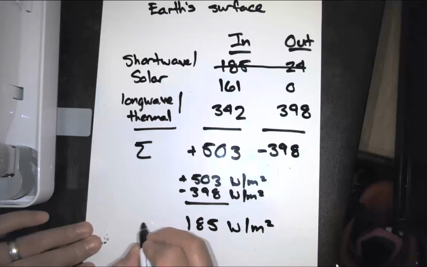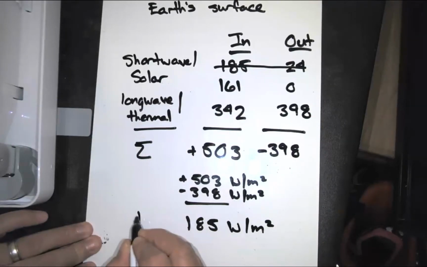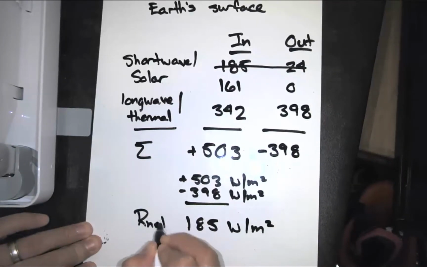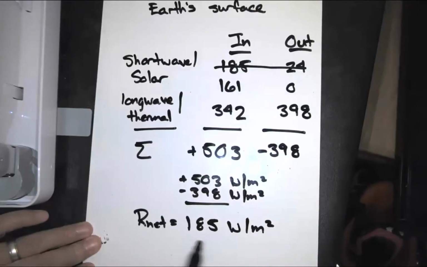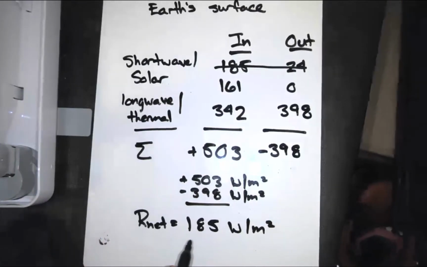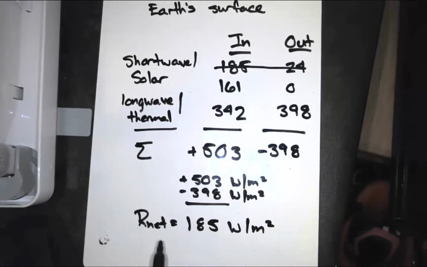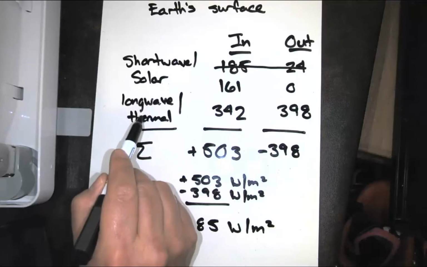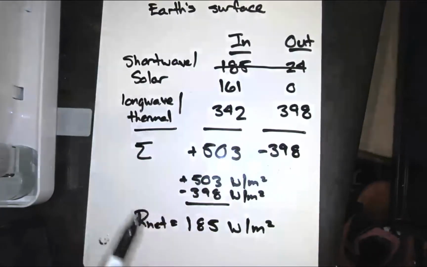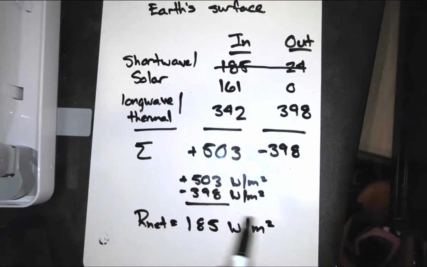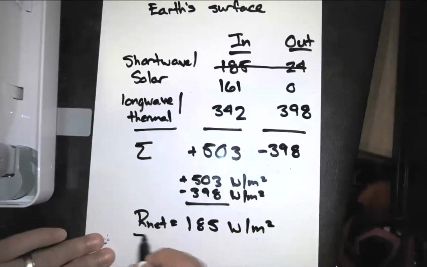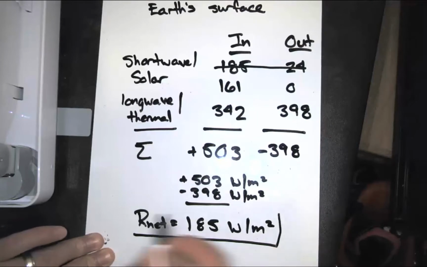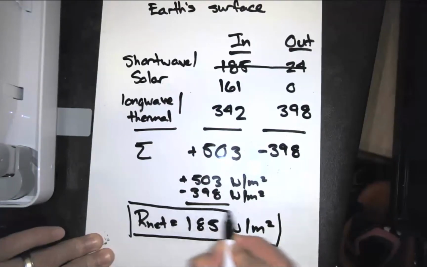Okay, and this is what we would refer to as the net radiation at Earth's surface. And so what this says is that net between the solar and thermal radiation fluxes that are both entering and leaving Earth's surface, we have a net 105 watts per square meter.